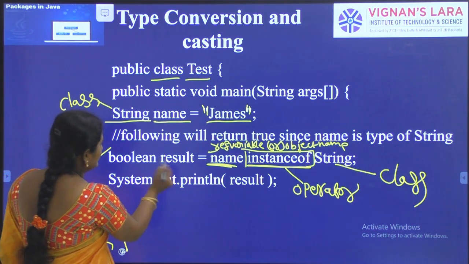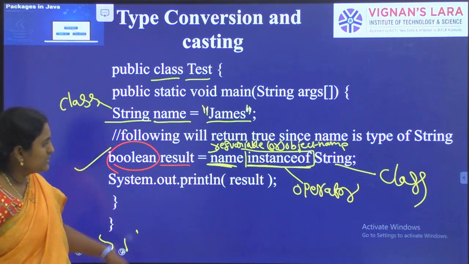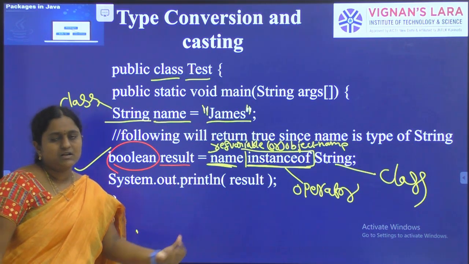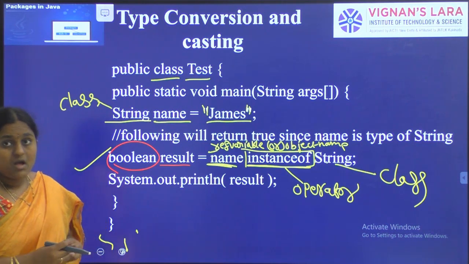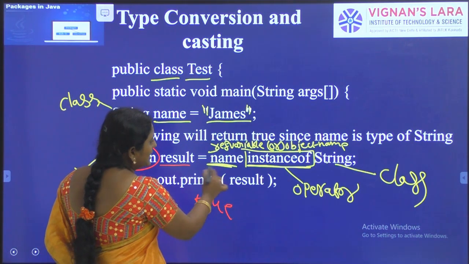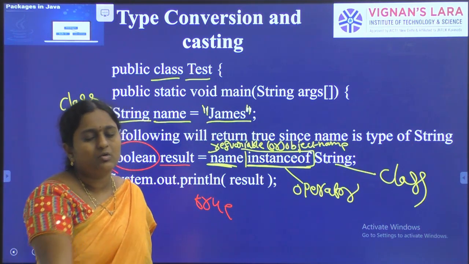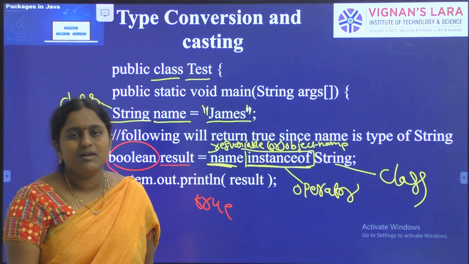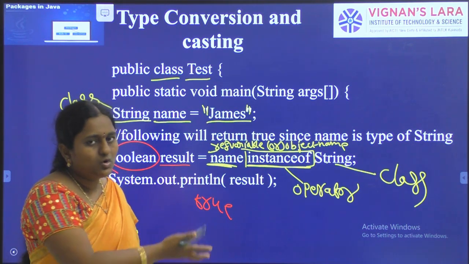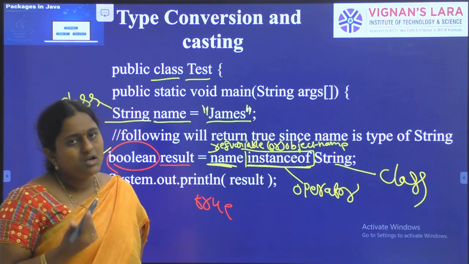System.out.println(result): if you compile and run this program, what output do we get? True, because the name object belongs to the String class. If it does not belong to the particular class, it returns the Boolean value false. Because it is true, it will print true on the console.